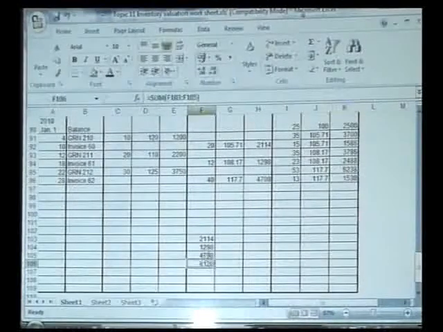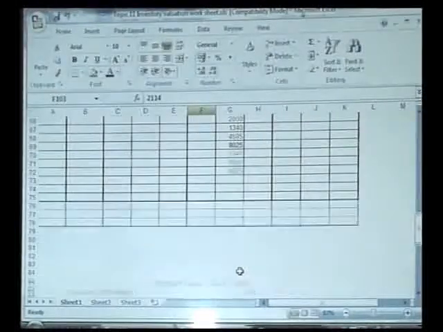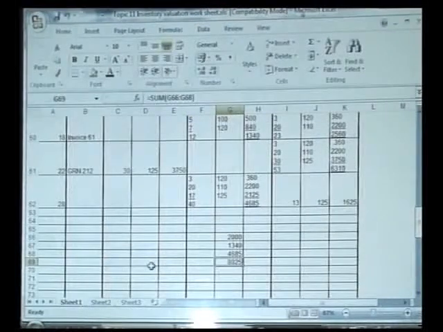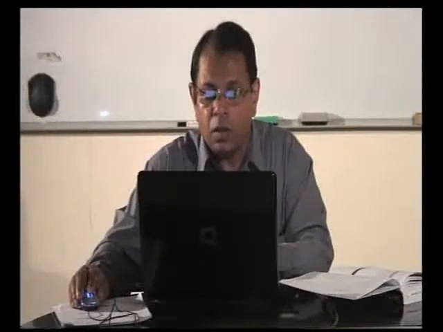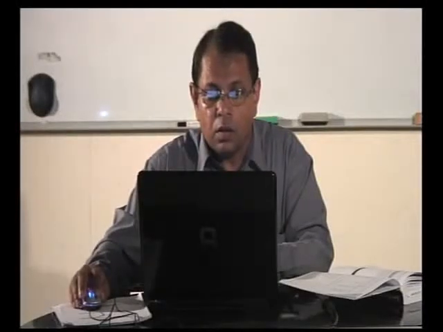So there are different values. That's why I said earlier the standard says use the same method throughout if you have chosen one particular method. Okay, that's the end of the lecture.